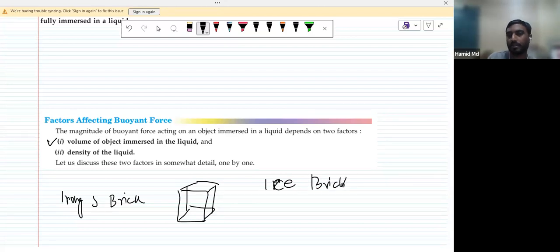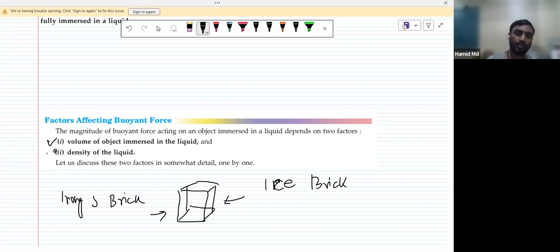Unless the ice melts, an ice brick of the same volume, the displaced water will be of the same amount, right? It doesn't depend on the nature of the object, only on the volume of the object, right?